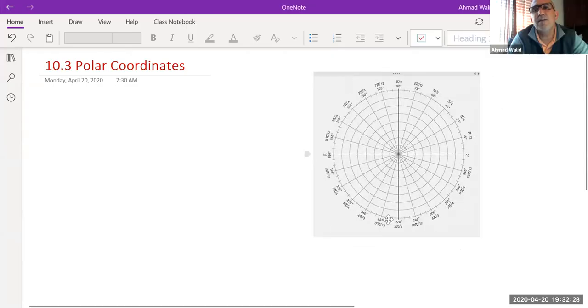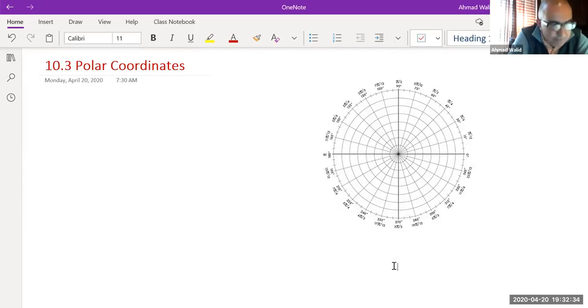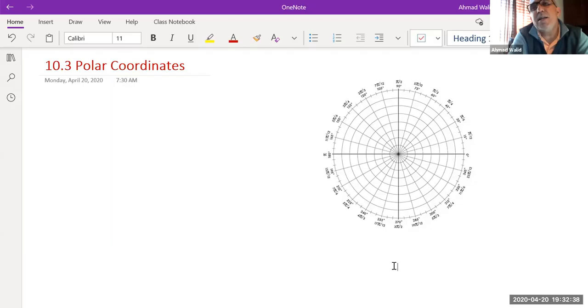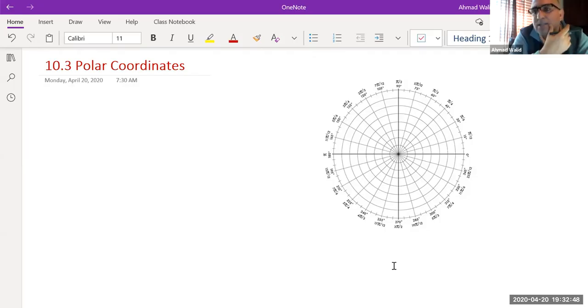Today, 10.3 polar coordinates, a topic that may be new for some of you, and some of you may have had it before. I don't think all the students of MSJC could cover this topic in pre-calculus.